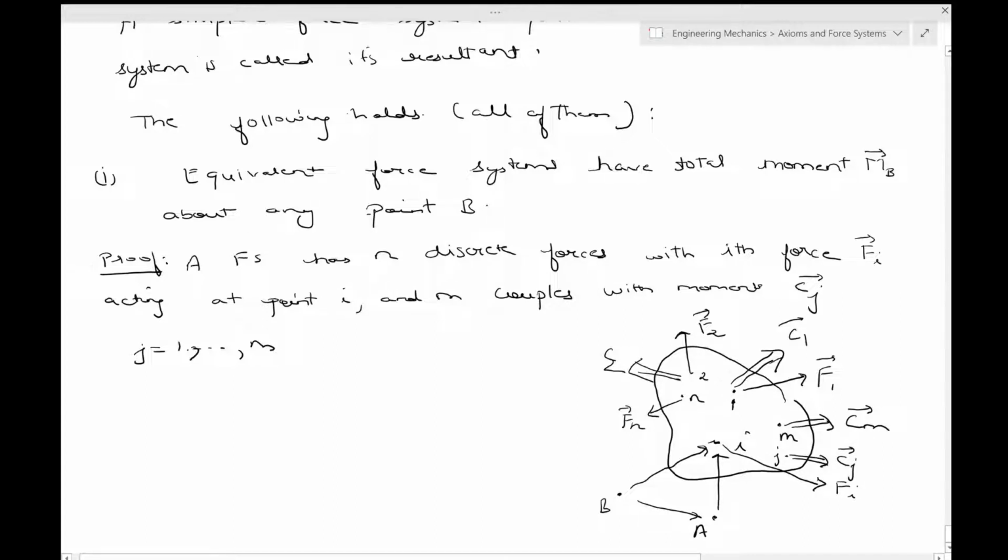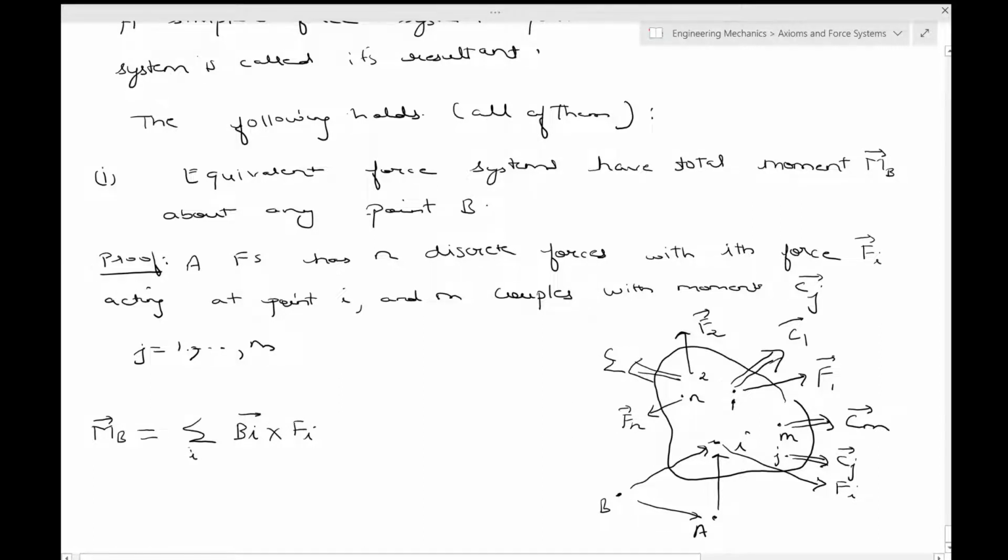Now we want to write MB, the moment about point B. Any general moment due to a force about the point B will be written by the vector Bi cross Fi.